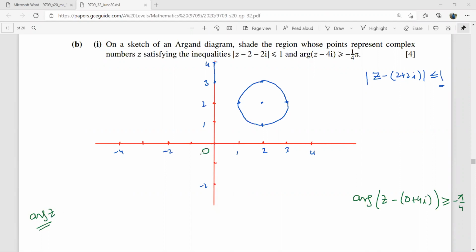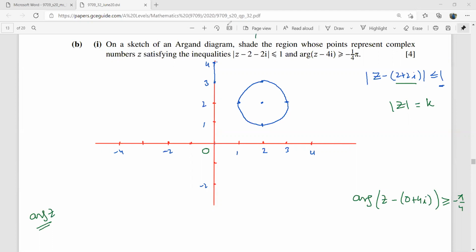But it says argument of z minus something. If it is just modulus of z equal to 1 or whatever, it means the circle center has to be the origin. When you have z minus something, this becomes the new center of the circle. The center is translated from the origin to this new position over here.